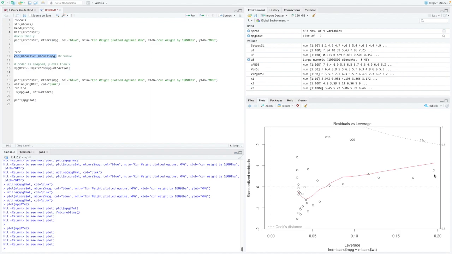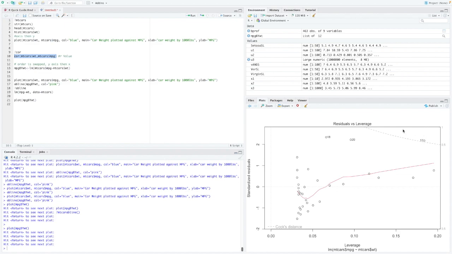diagnostic plots. But here's what you really want to know, okay? Any point that lies outside of this dashed line, that's Cook's distance, that could possibly be an influential point. Meaning this data value 17 right here could be an outlier or an error.